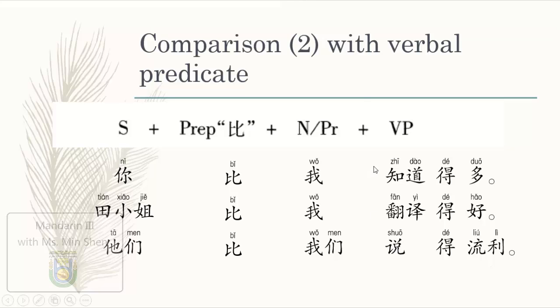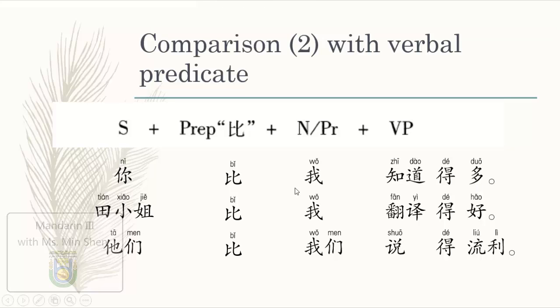So today, in the structure of the comparison, we use this verbal predicate to compare. That means we compare the subject with the other, either a noun or a pronoun, and we compare their actions. For example, the first example here is 你比我知道的多. You comparing to me, know more.